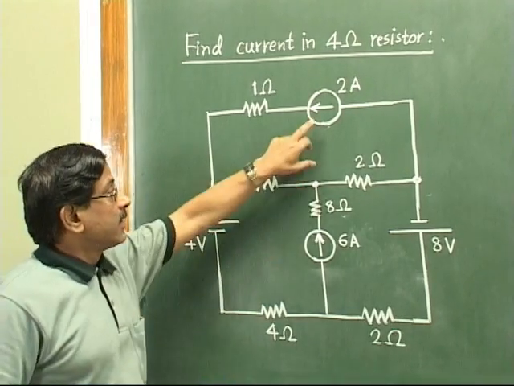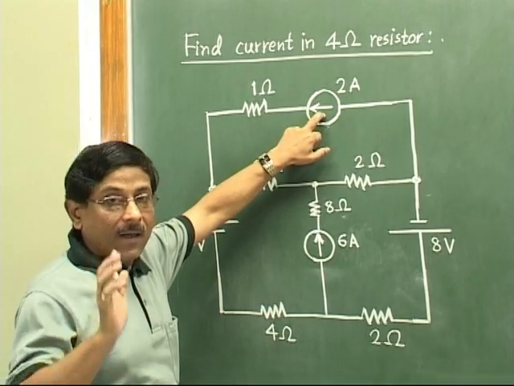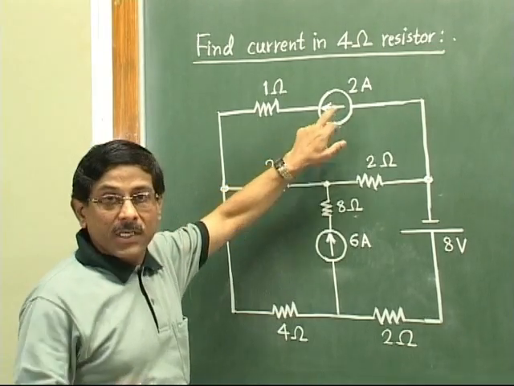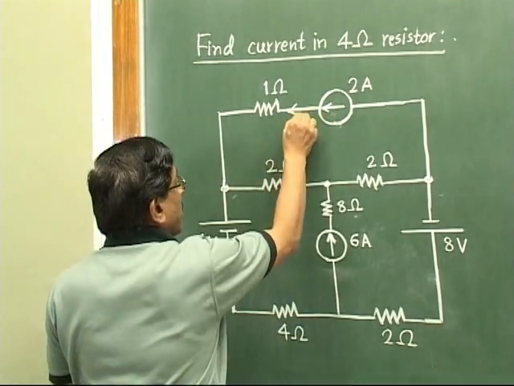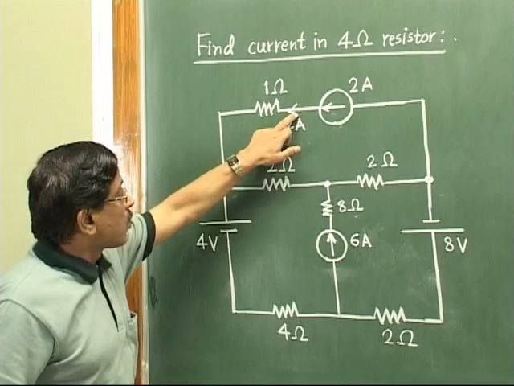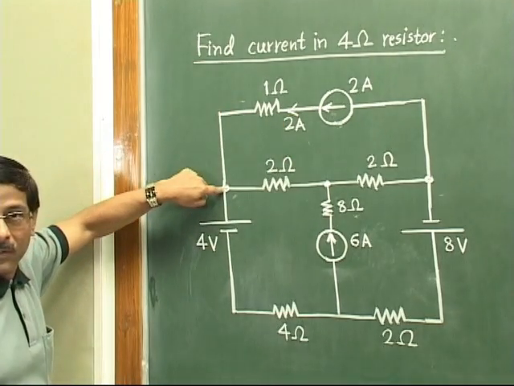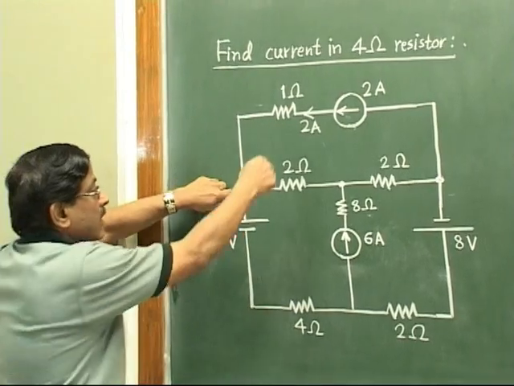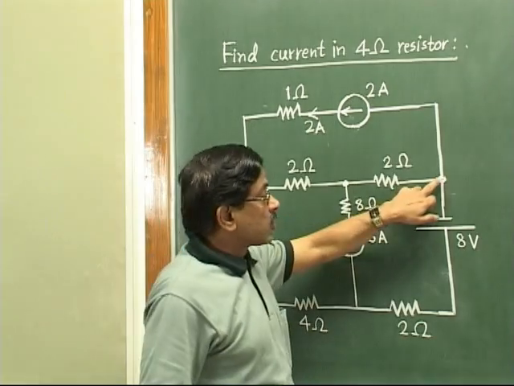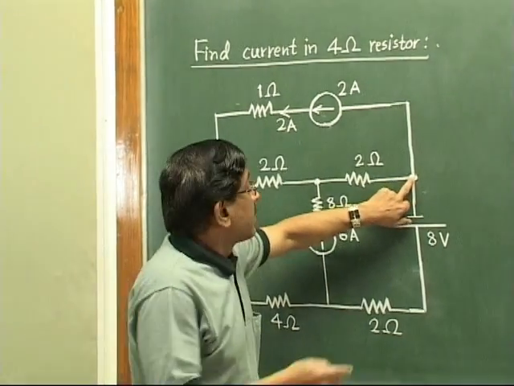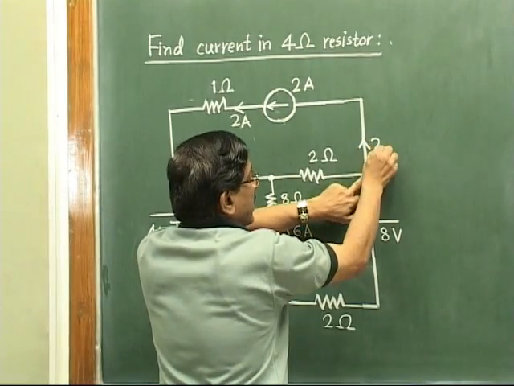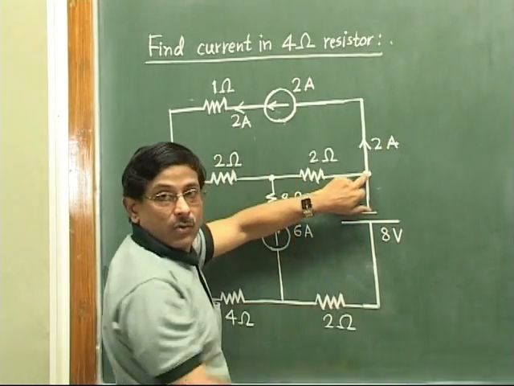Now there is a simple meaning to that. When we say that there is a 2 ampere current source acting here, the simple meaning is that this source is sending a current of 2 ampere in this direction. That's all. So finally, this 2 ampere current is going to reach this node. So at this node, 2 ampere current will be incoming. Whereas at the other node, since this 2 ampere is moving like this, 2 ampere is entering into the source.